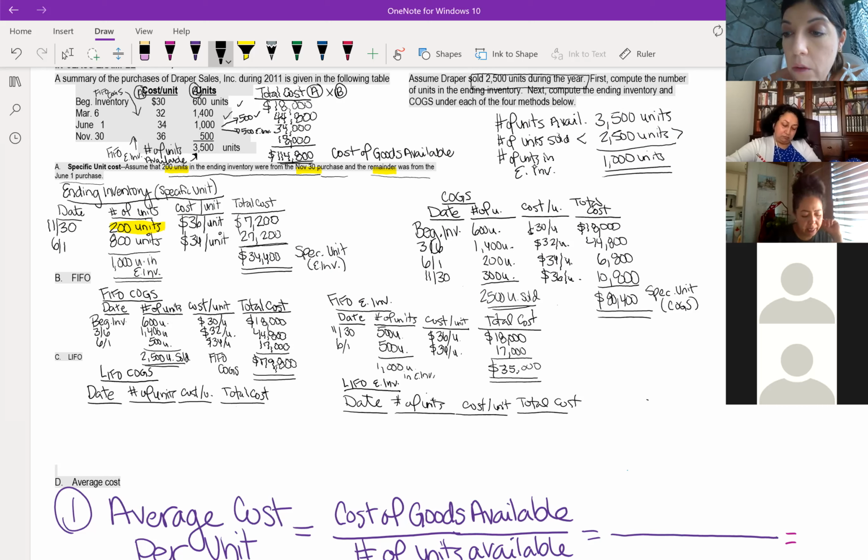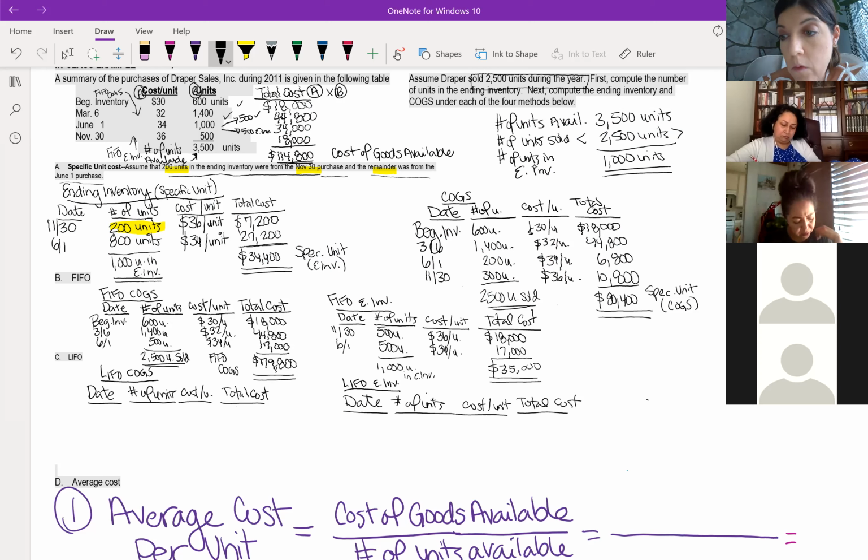But at the beginning, I have 1,000 units, right? Yeah, you still have 1,000 units at the beginning. I take out 200, so my remaining was 800, right? And for specific identification, I take out the 500 units for the FIFO.